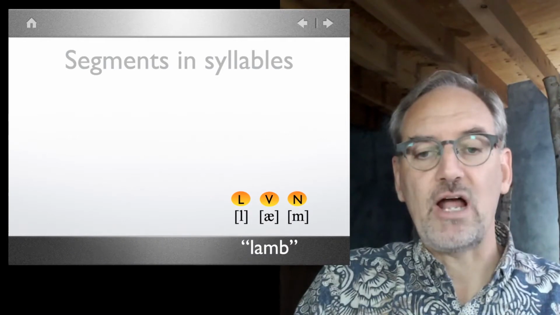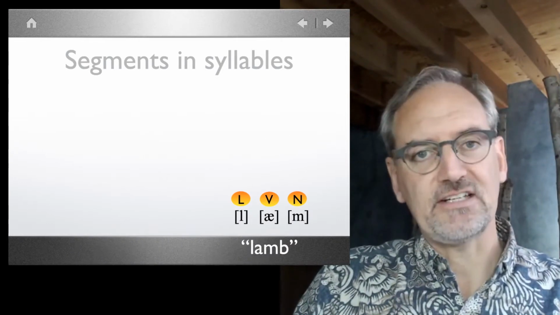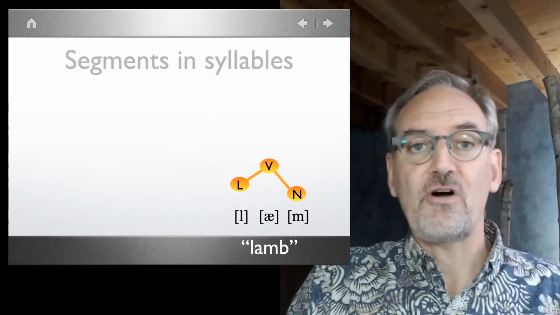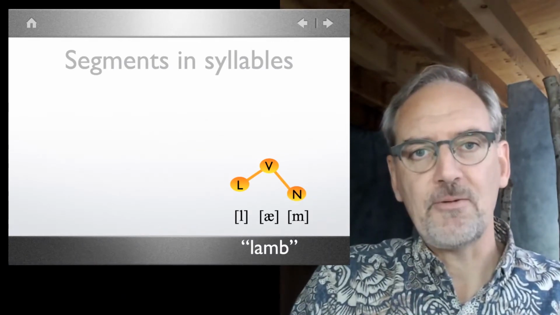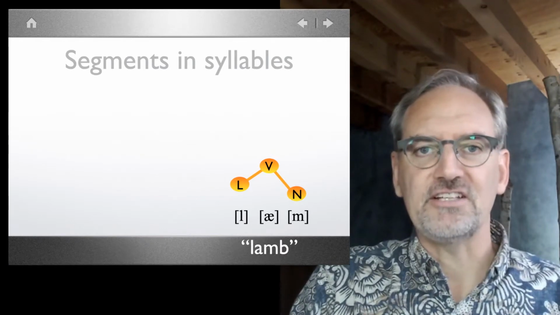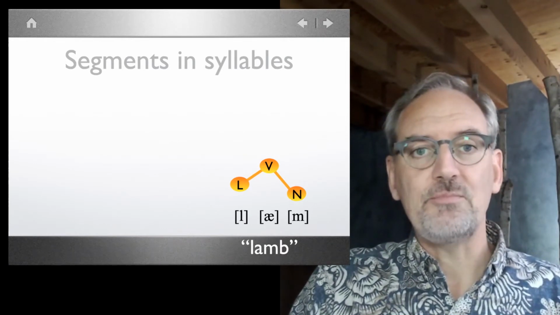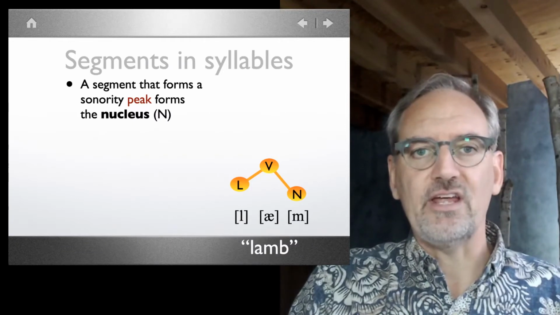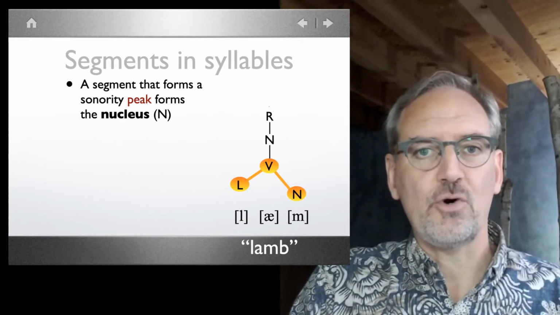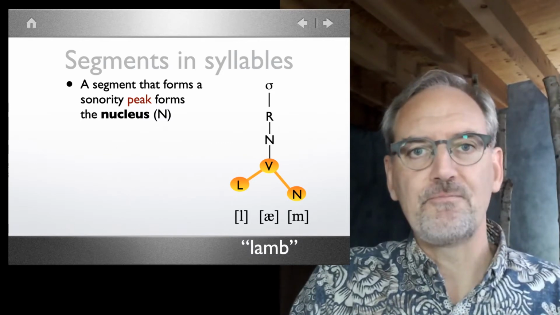So sonority rises from the first to the second segment and then falls to the third segment. Therefore, it forms a sonority peak. It rises to the vowel, falls to the nasal. Okay? So that sonority peak is associated with the nucleus of a syllable. Every nucleus, of course, is in the rhyme of a syllable.